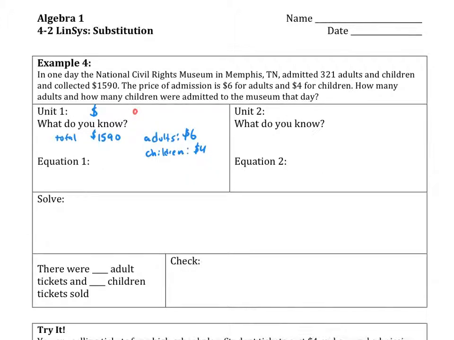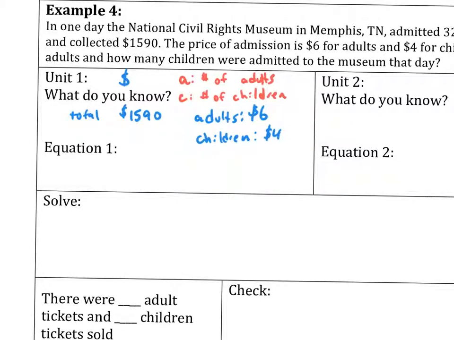So if I call A the number of adults and C the number of children, notice what happens. When I take the $6 and multiply that by the number of adults, I get the dollar value of adults, how much adults spent. And when I take the $4 multiplied by children, that's the dollar value brought in by the children. And the total is going to be this. So it looks like this.